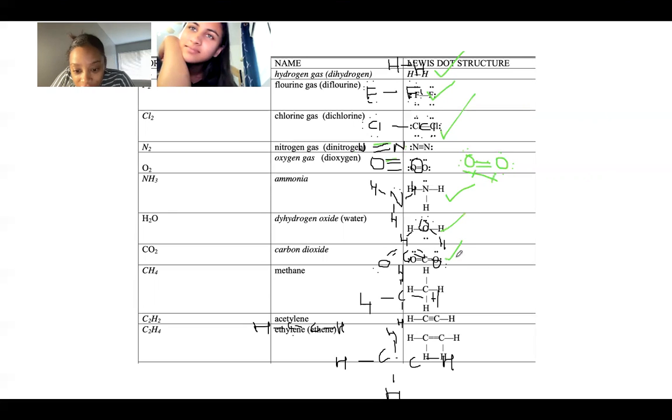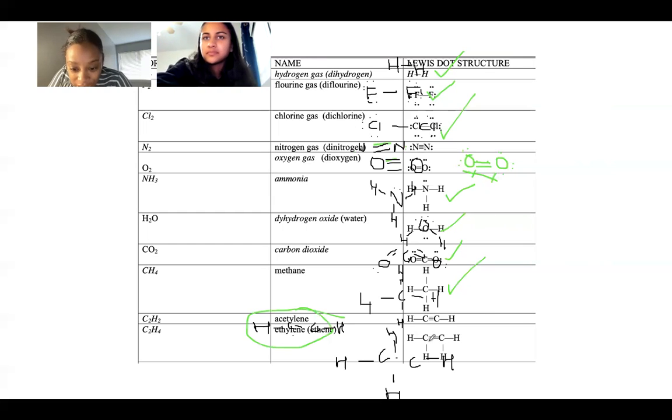I think that's correct. This one. And then this one. I think the only thing really is what I'm noticing is just where to put the double bonds. Yeah, I just didn't know how to shape it.